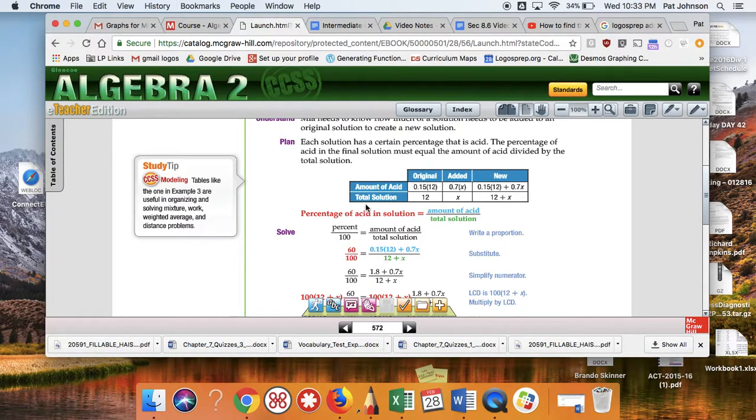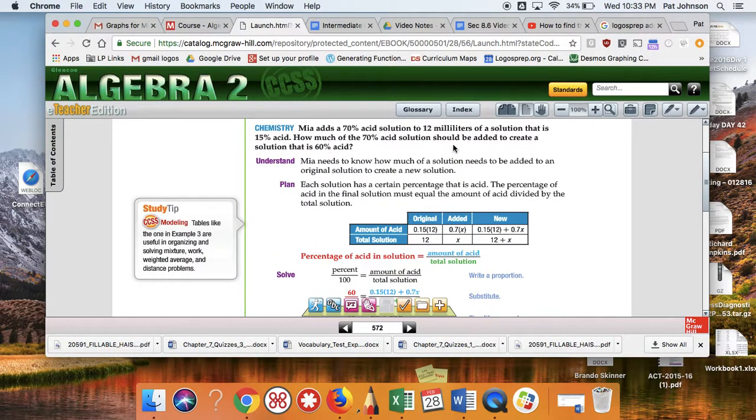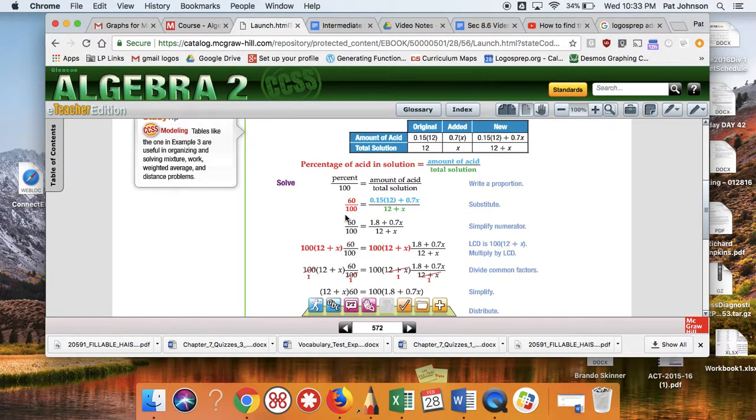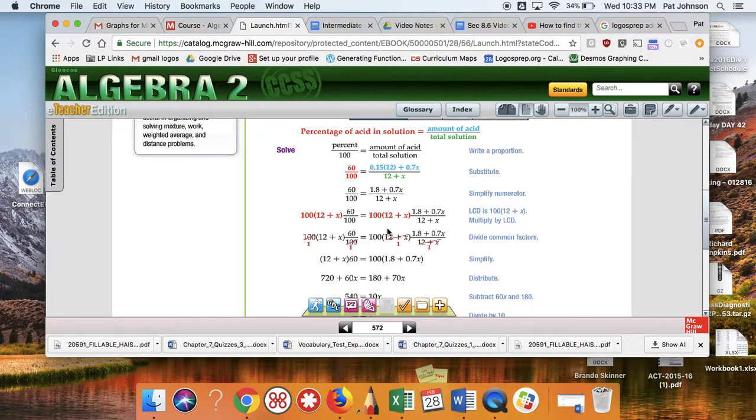So now we want to create what? We want 60% of the amount of acid, which is this right here, the numerator, divided by the total, which is here. So we have a rational expression, and we can multiply the entire equation by the LCD, which is 100 times 12 plus X, and then solve for X. Our denominators go away.